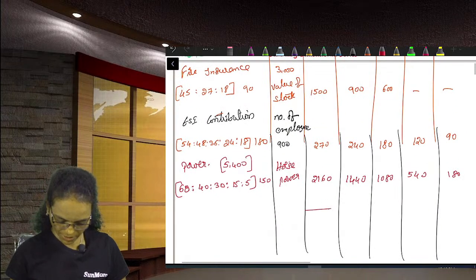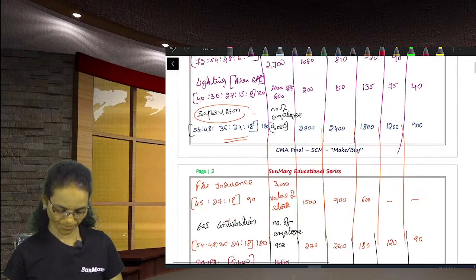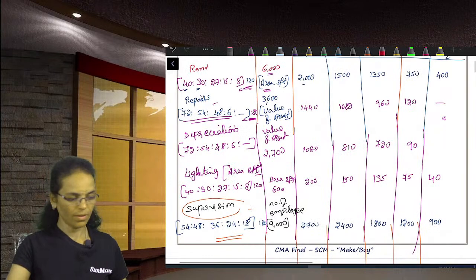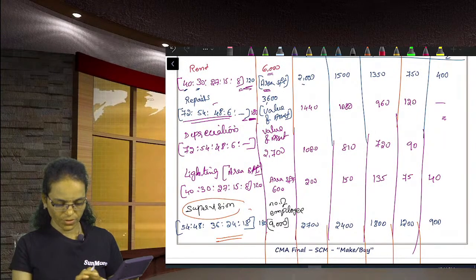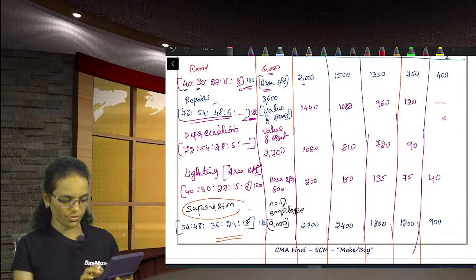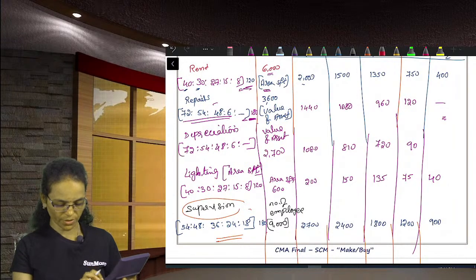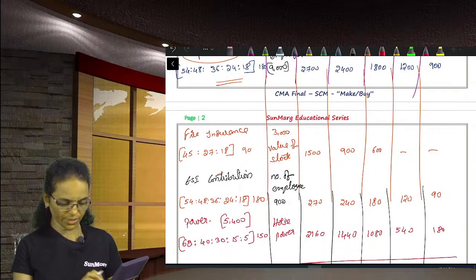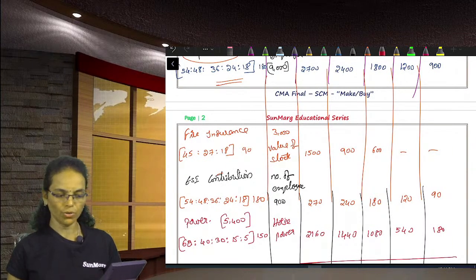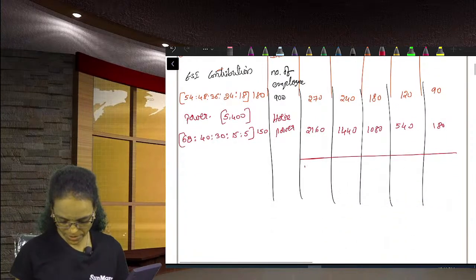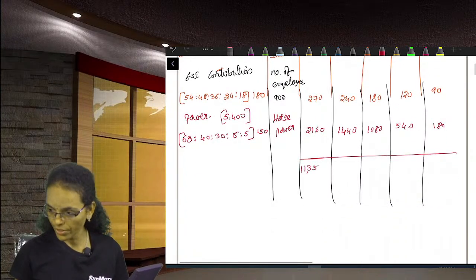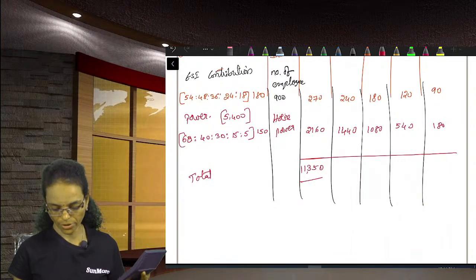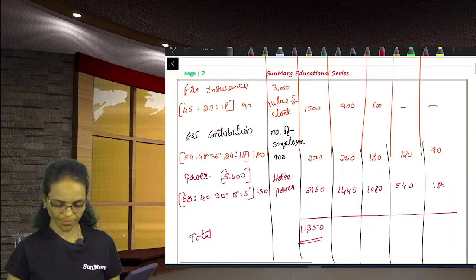Now we need to add everything. First one: 2000 plus 1440 plus 1080 plus 200 plus 2700 plus 1500 plus 270 plus 2160. Total 11,350 rupees. This is the total towards production department P1.